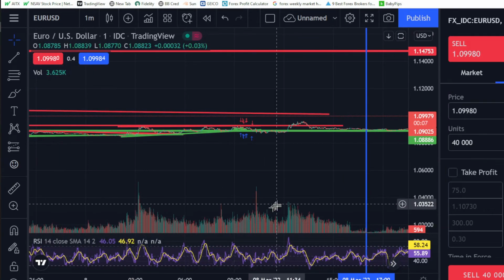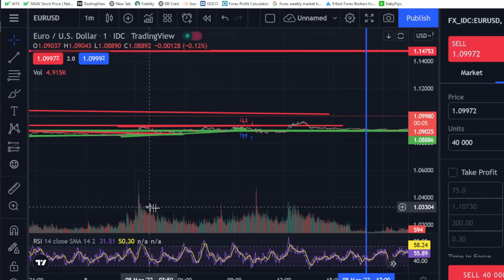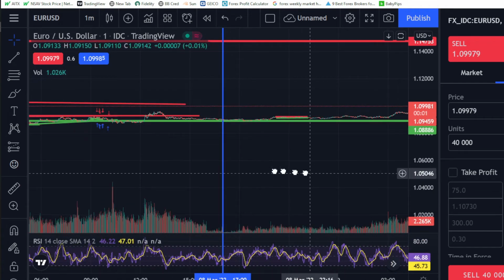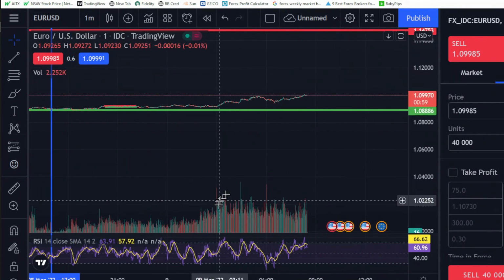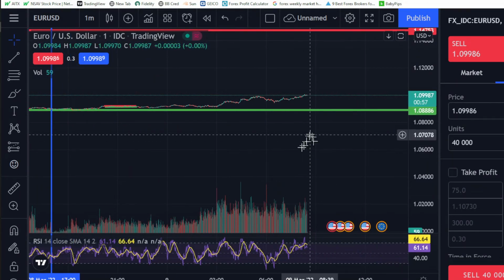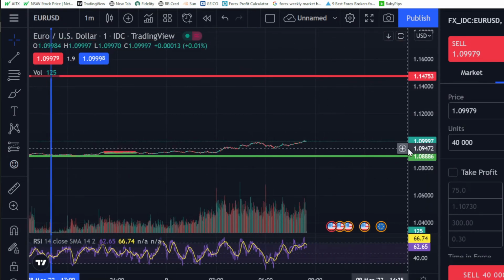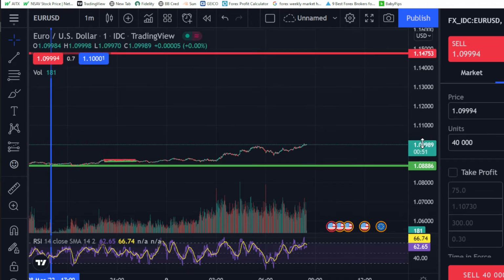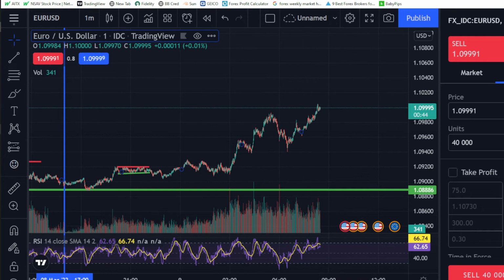So we were doing this during a good time of the day. Here we are, and now we've got good volume here. So let's focus in on this portion. Let's do some analysis here, some trend lines.